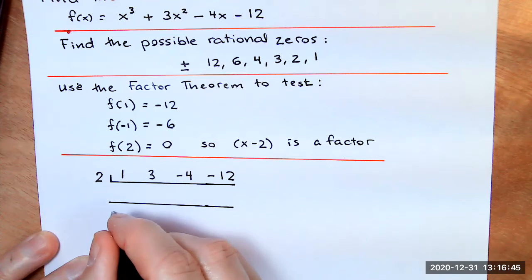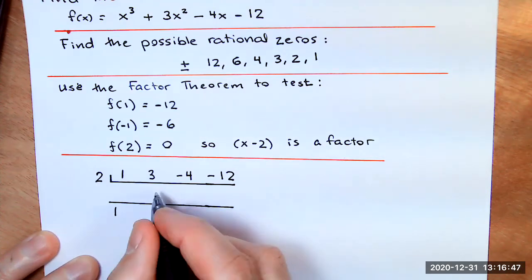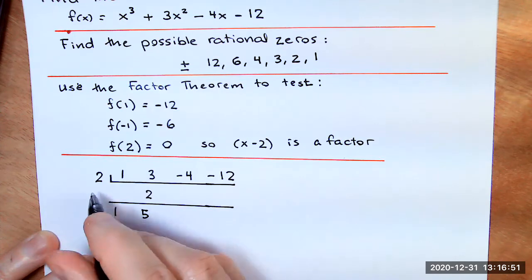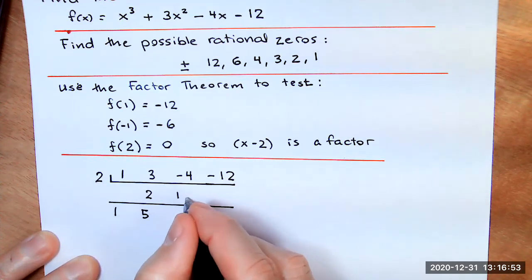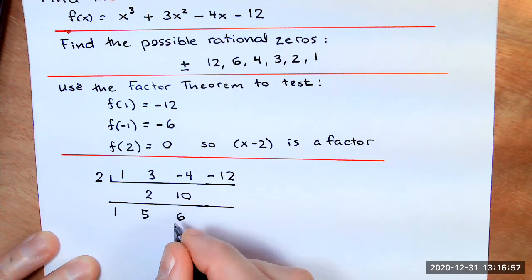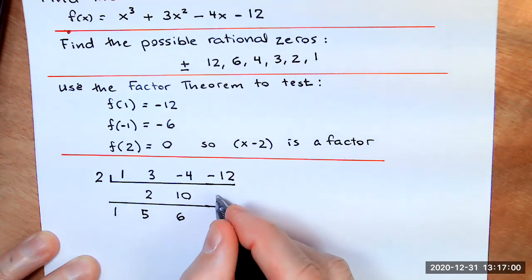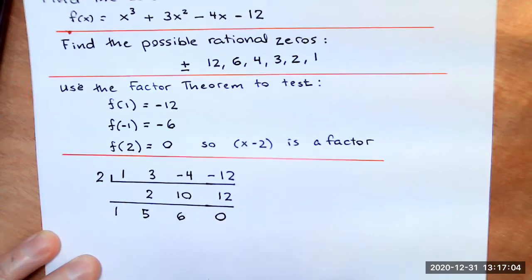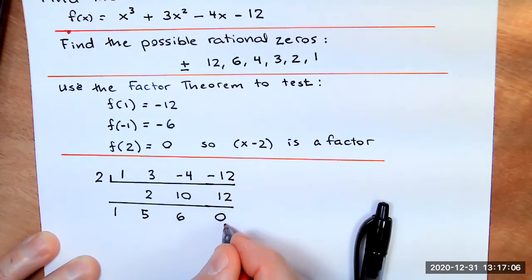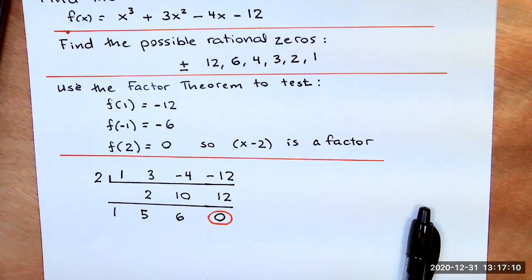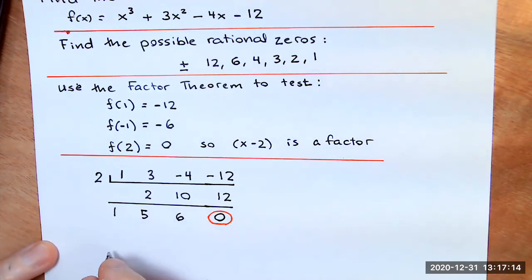Bring down the 1, 2 times 1 is 2, 3 and 2 make 5. 2 times 5 is 10. Negative 4 and 10 makes 6. 2 times 6 is 12. Negative 12 and 12 is 0. This is the expected result because we know that x minus 2 is a factor. That's why we got a remainder of 0.